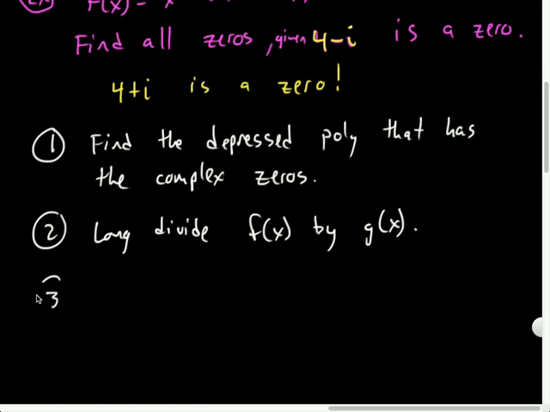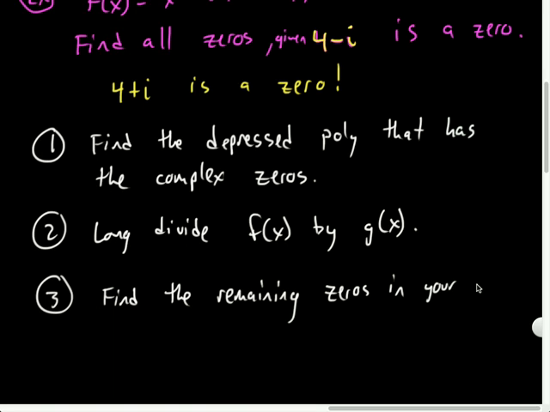So step 3 is find the remaining zeros in your new depressed polynomial. I might call that one h of x or whatever.